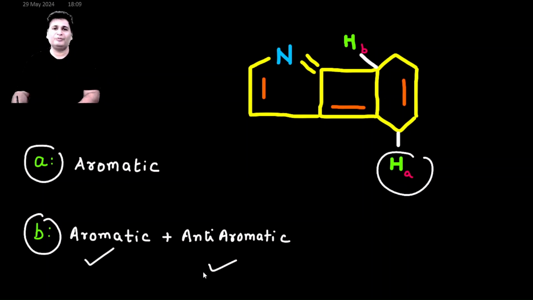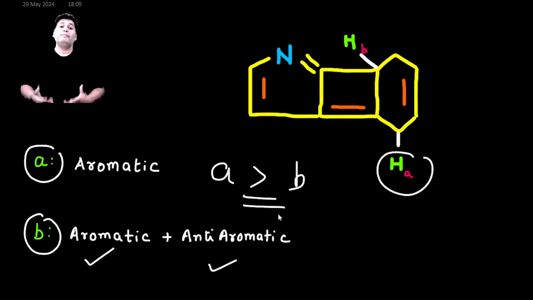So now it must be very clear to all of you that A is going to be far more acidic than hydrogen number B, because the removal of A brings aromatic character. However, the removal of B brings both aromatic character as well as anti-aromatic character.